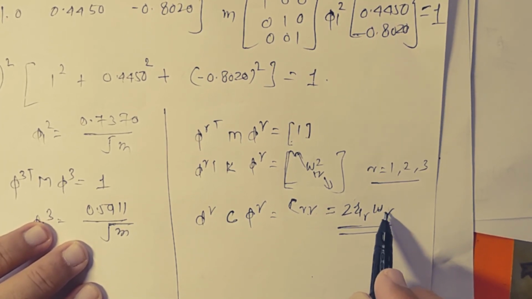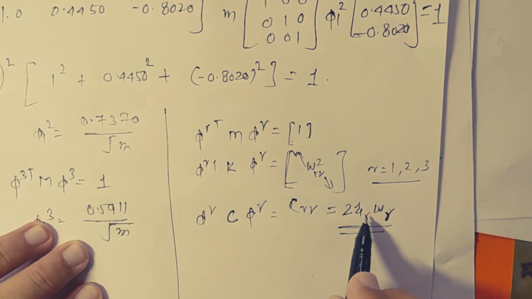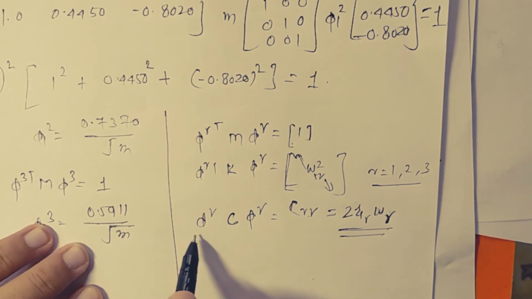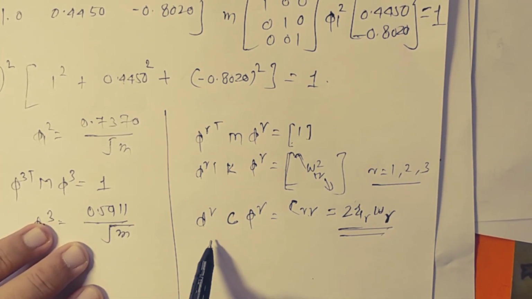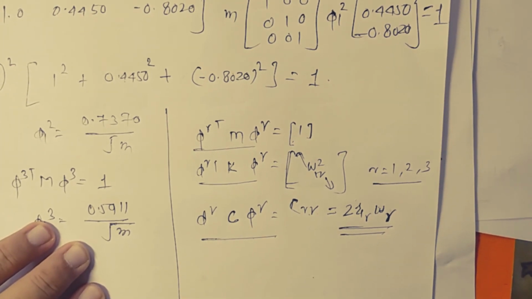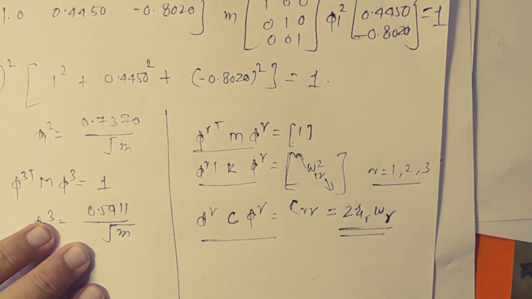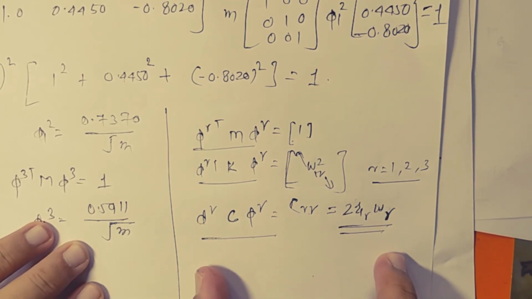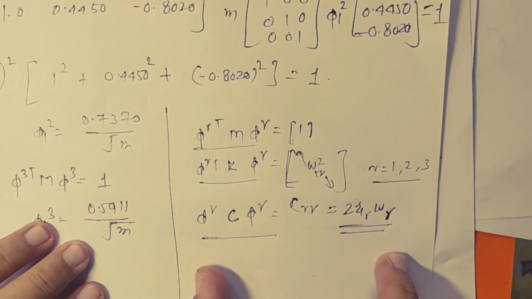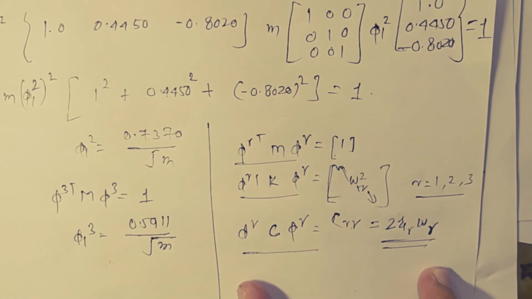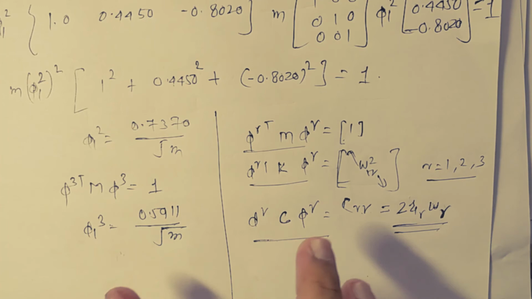If we are talking about the third, then this is omega 3, and zeta 3 is the damping ratio in the third mode. So this is how we'll get these matrices. These matrices are only diagonal matrices, and these are orthonormalized with respect to the mass matrix. So this is all about the orthonormalization of mode shapes.